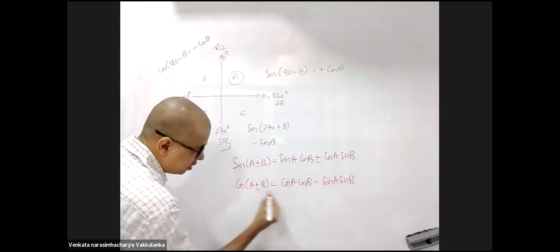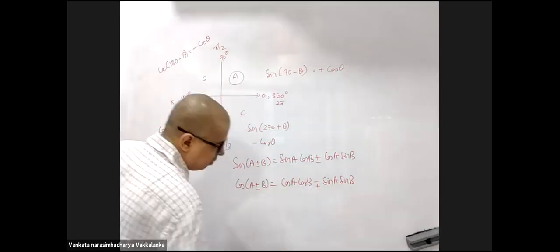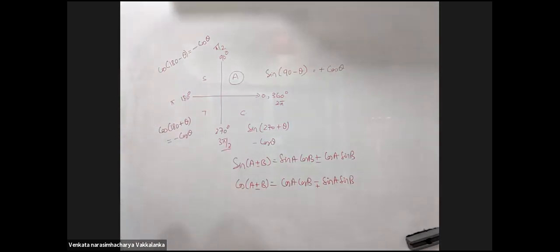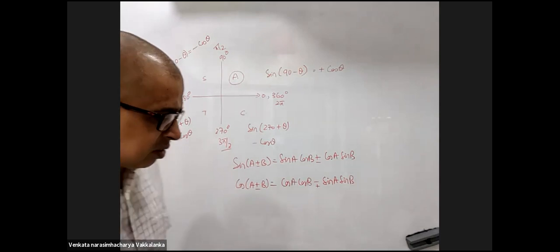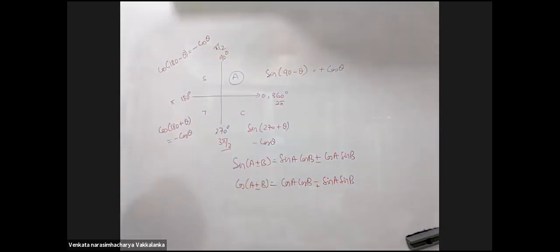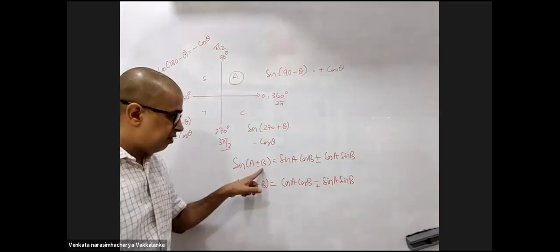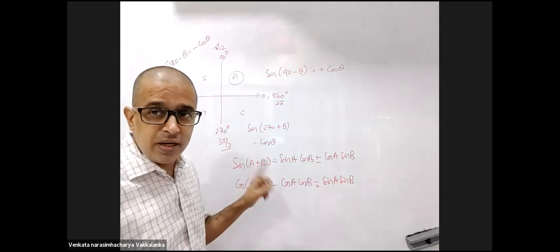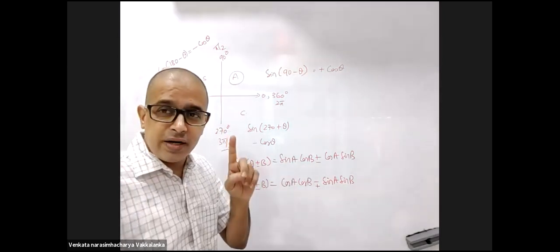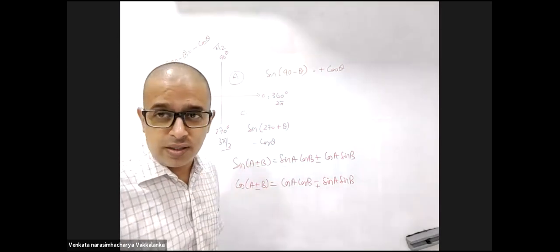Cos a minus b will be cos a cos b plus sin a sin b. Something that we must have done in the last part of the previous lecture, just to remind you people of what we have done. From this sin 2 theta formula, you put a equal to b equal to theta, you will get 2 sin theta cos theta.